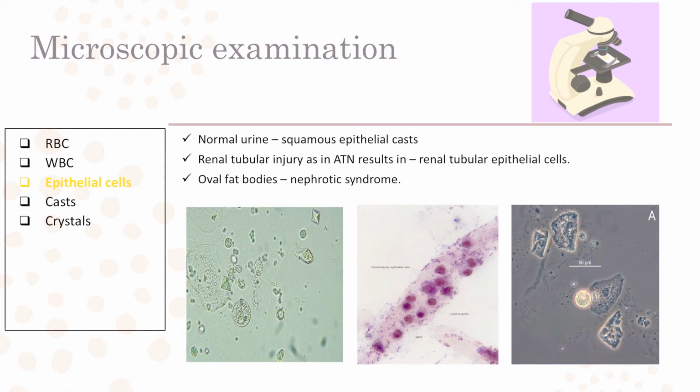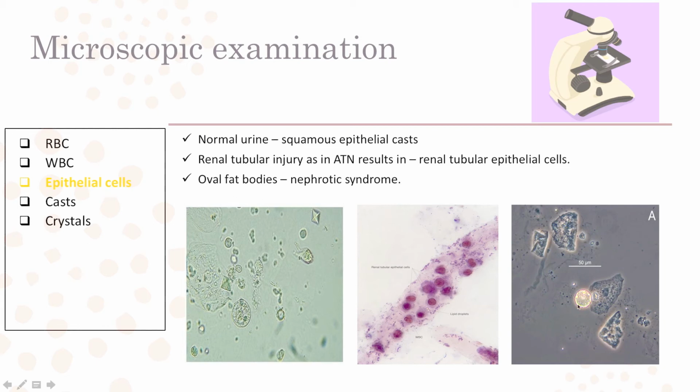Renal tubular injury in ATN, acute tubular necrosis, results in renal tubular epithelial cells. So if we are finding some renal tubular epithelial cells like this in the urine, then generally it is because of acute tubular necrosis.